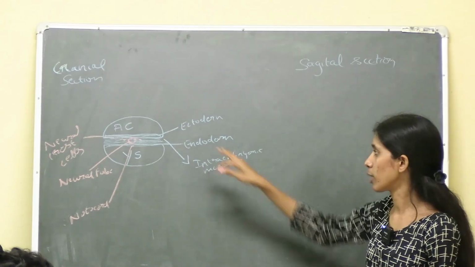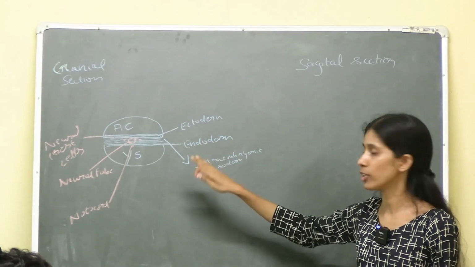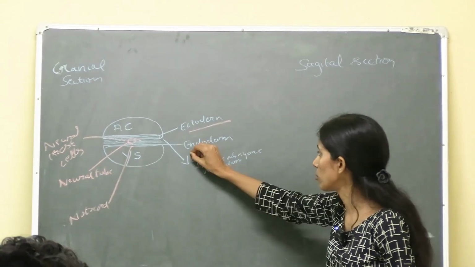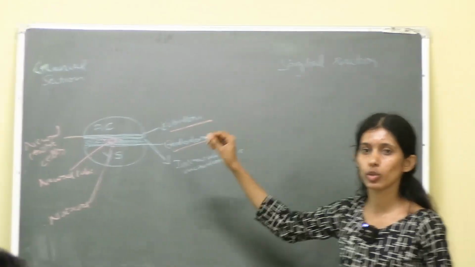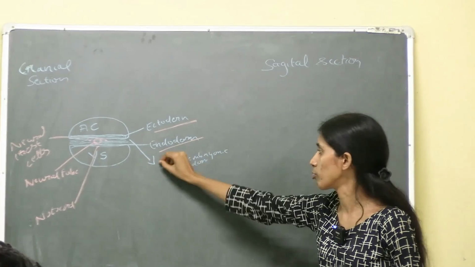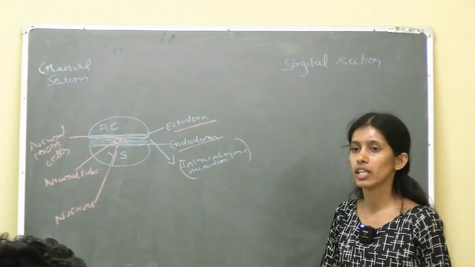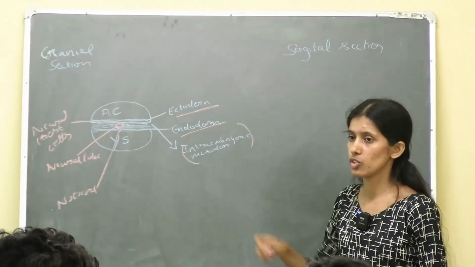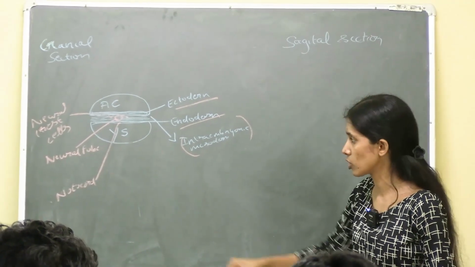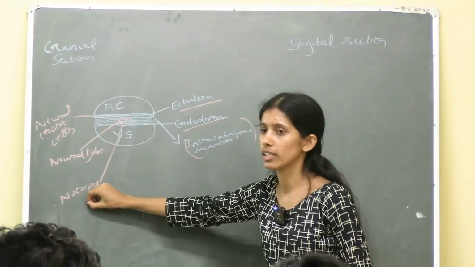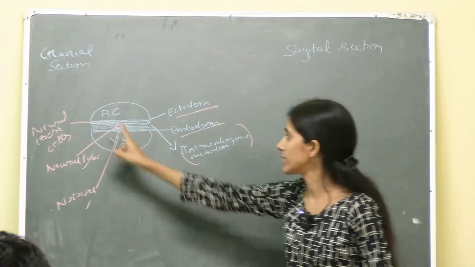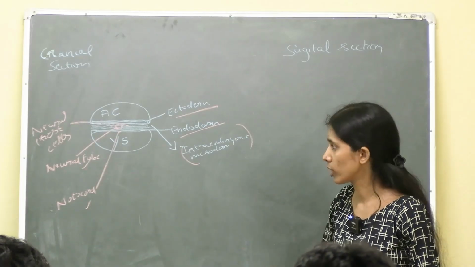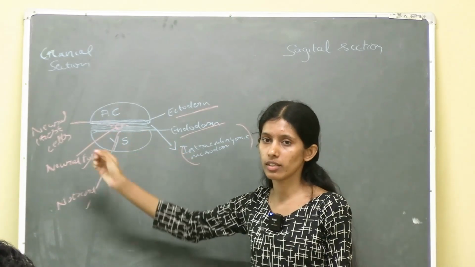Okay. On the above part we have the amniotic cavity, below we have the yolk sac. Also we can see ectoderm and endoderm. Between the ectoderm and endoderm we have an important structure, that is the intra-embryonic mesoderm. In the intra-embryonic mesoderm region we have two more important structures. One is the neural tube and another one is the notochord. On either side of the neural tube we have neural crest cells.